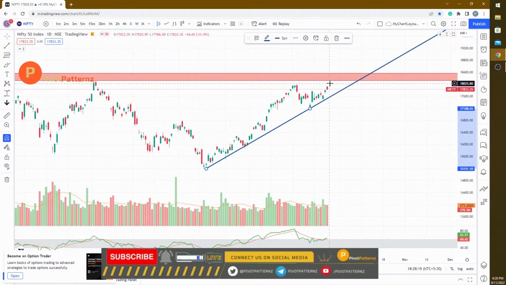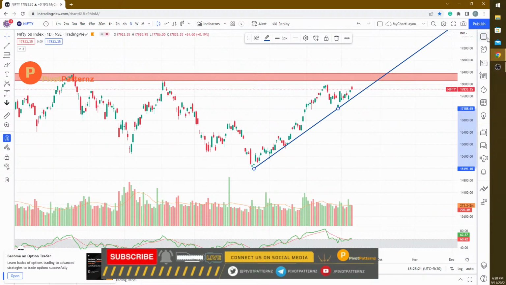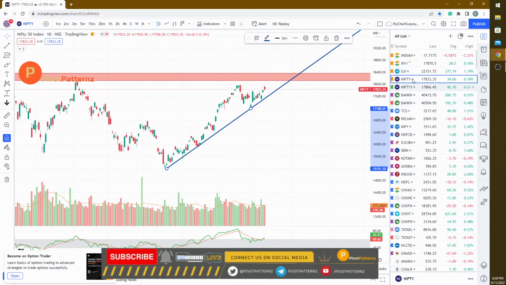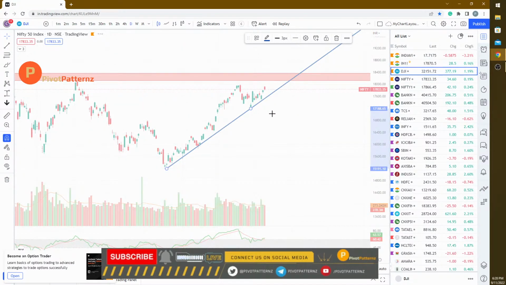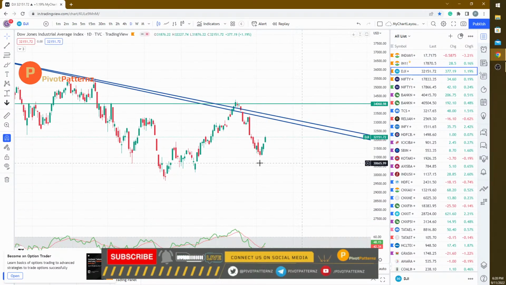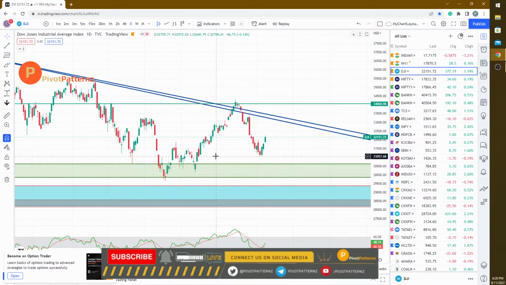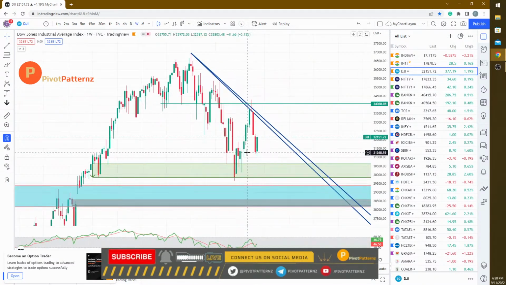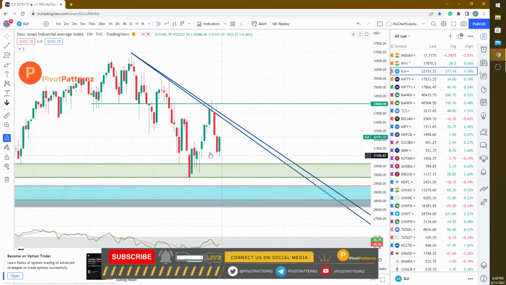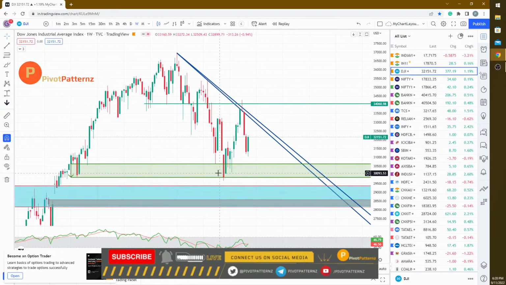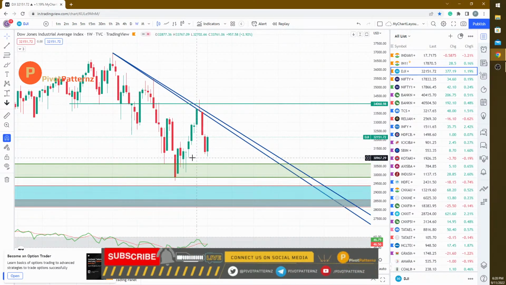So it all depends upon how, if you check the Dow Jones as well, it is just moving from the demand. You can clearly see there's a demand zone which was created. If you go to weekly, in one of my analysis videos I've also said that it has got this rejection from this monthly zone, and it is moving from this zone, and clearly you can see this rejection.